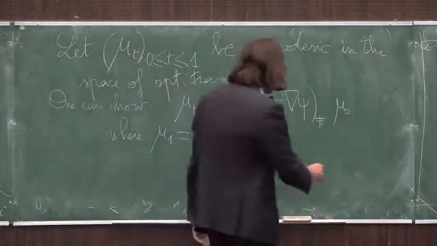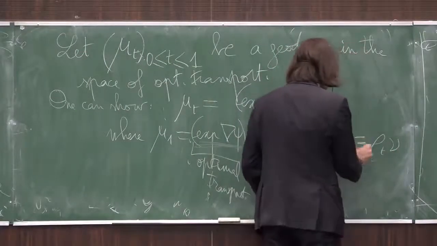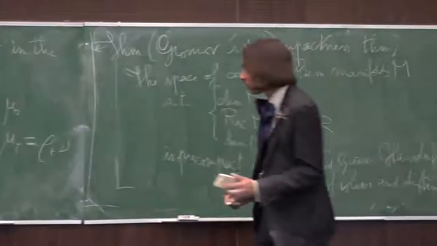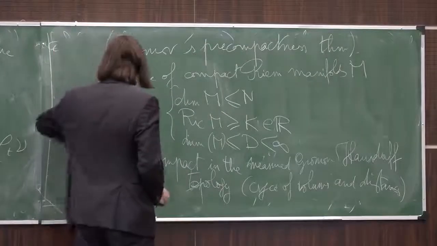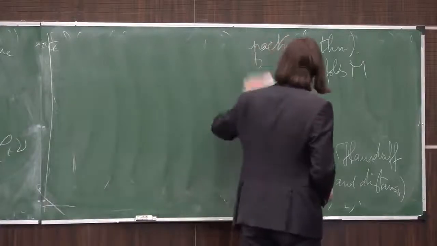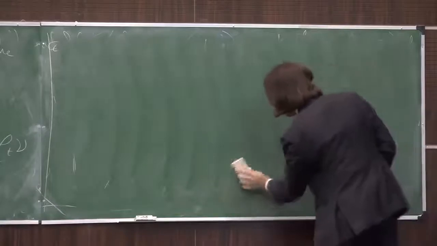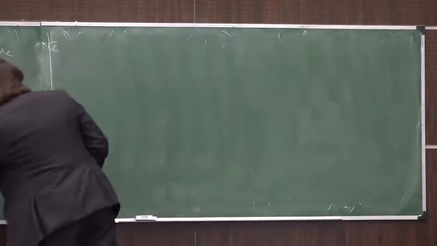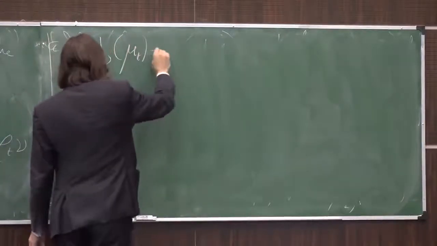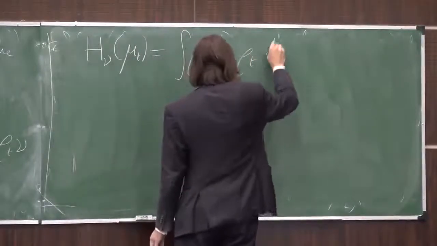Let's write mu t equal to rho t times nu, where rho t is the density. And let's look at the function H. H nu of mu t is equal to the integral of rho t log rho t d nu.